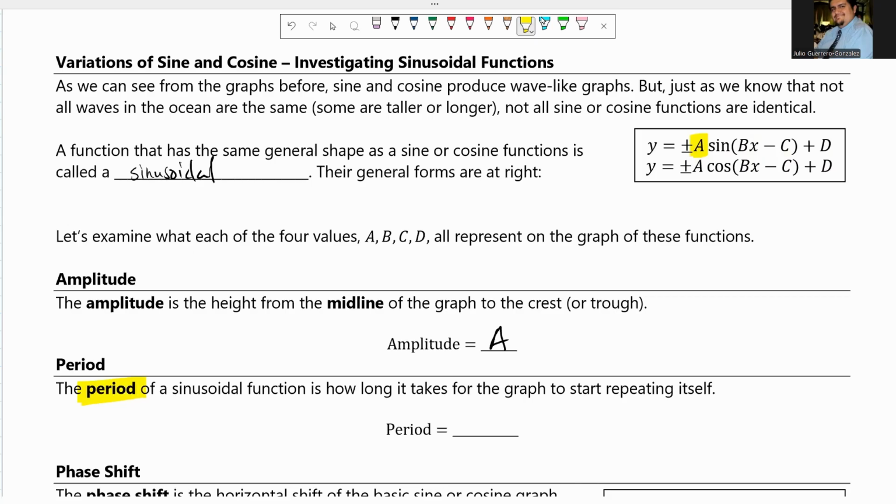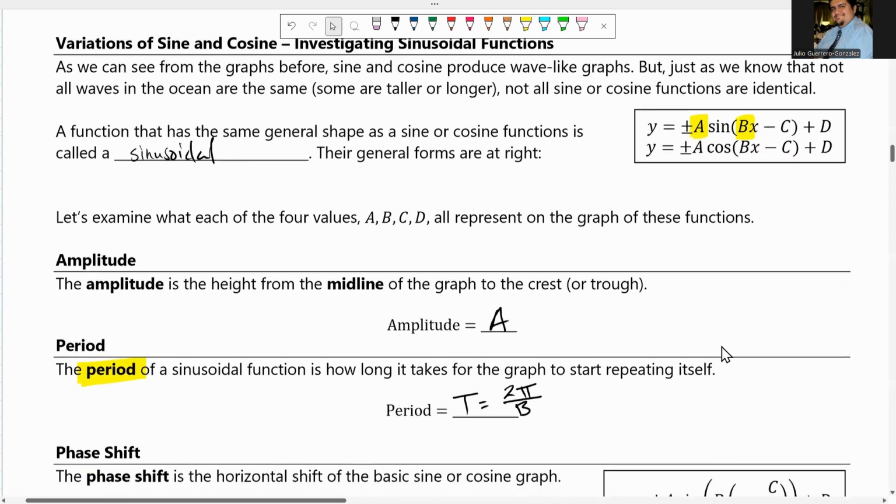And the way that we find that period is by an equation T, which is equal to 2 pi divided by my value B. And it is exactly this B that's inside the parentheses. All right, we're getting somewhere.